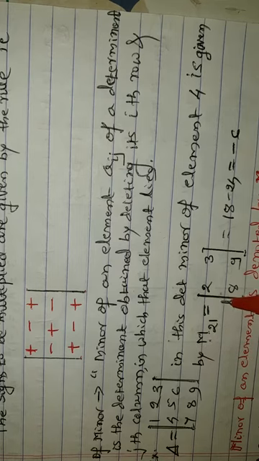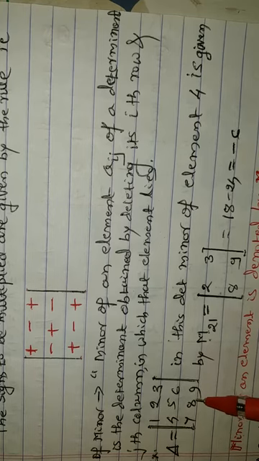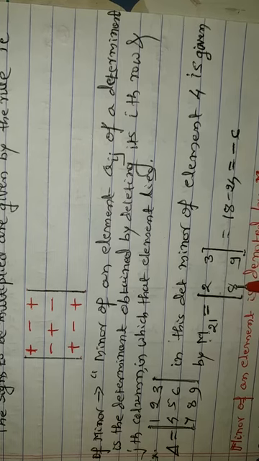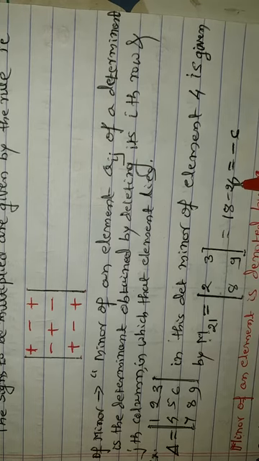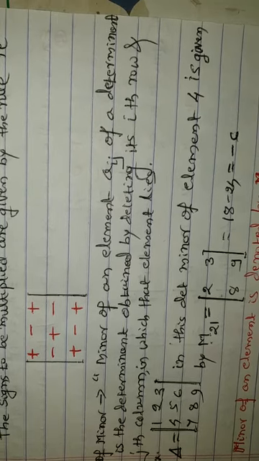M21 equals the determinant 2, 3; 8, 9. Its value is the product of the principal diagonal elements minus the product of the secondary diagonal elements: 9 times 2 is 18, minus 8 times 3 is 24, which equals minus 6. Is it clear?